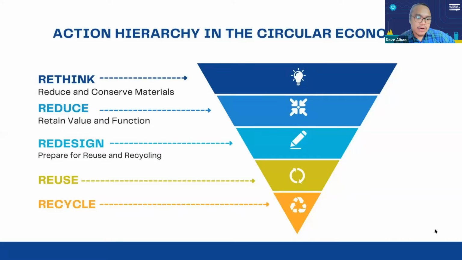Again, it's rethink, reduce, redesign, reuse, and recycle. And the ideal is that the core of our work in circular economy is rethinking, so that we reduce and conserve materials instead of dealing with them downstream, which is recycling, which leads me to the next slide.